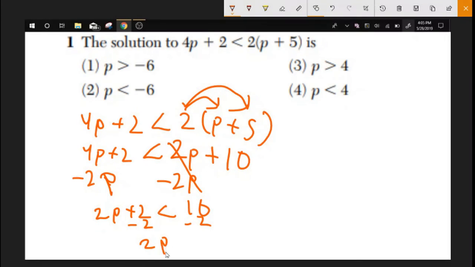And now we have 2p is less than or equal to 8. And finally, we're going to divide each side by 2. And the result would be p is less than or equal to 4, which is right here.